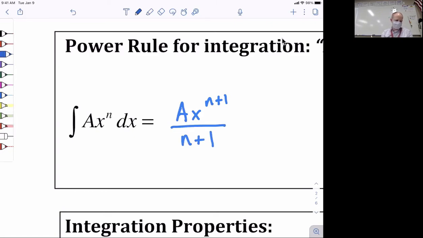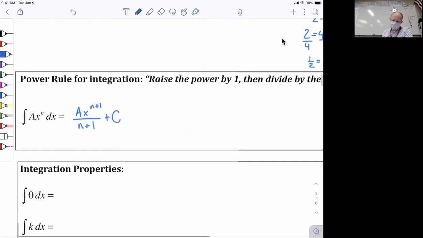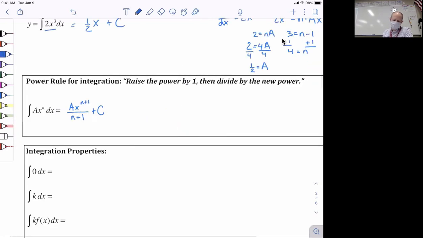And then, of course, plus c. So basically, you're always going to raise the power by 1, then divide by the new power. And that is the power rule for integration.